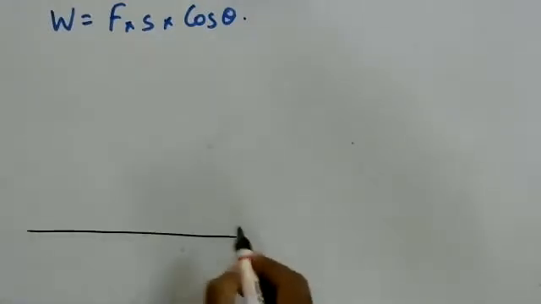Two examples to illustrate this principle that has been mentioned in your textbook. We can just discuss that quickly. One is work done by gravity and work done against gravity. We will be using this again when we discuss gravitational potential energy, but I'll just briefly mention it here.